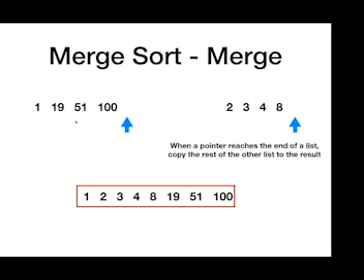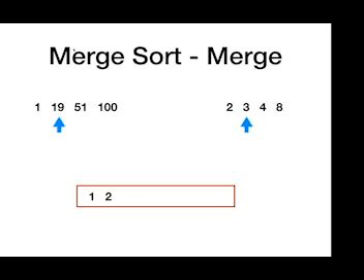And we know that, so just a little bit more analysis here. If we're comparing 19 and 3, and I know 3 is less than 19, I know everything after 19 is greater than or equal to 19 in this list, so I don't have to compare 3 to anything else in this list. If 3 is less than what I'm currently pointing at, I know that 3 is the next element.